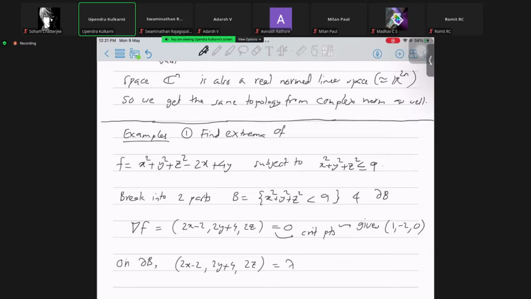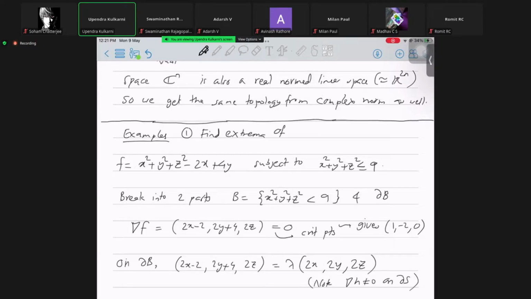So equals lambda times 2x, 2y, 2z. Okay. So note delta h is non-zero on my set, correct?